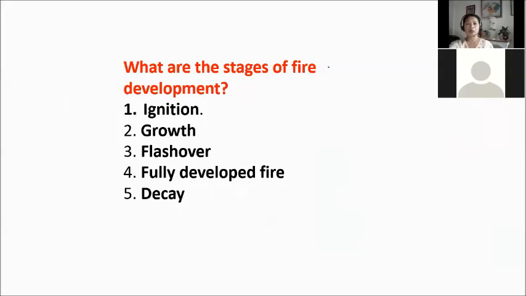So sa family, there must be a common place para doon kayo magkikita-kita para madali niyo ma-account kung may kulang ba sa family. Kung meron bang na-trap, no, inside a house, kung in case merong fire. And alam na niyo how to call your emergency number para sa tulong, no, sa mga firefighters. Okay, so that's all for today.